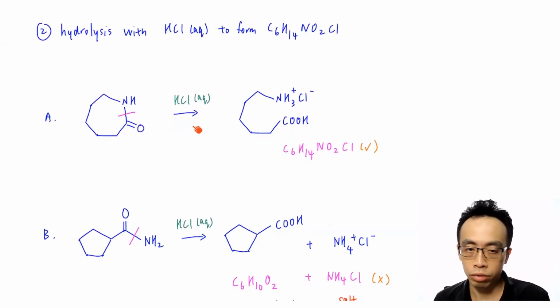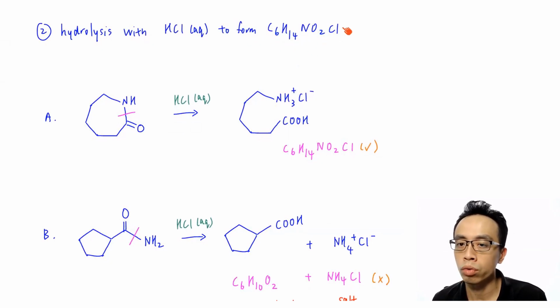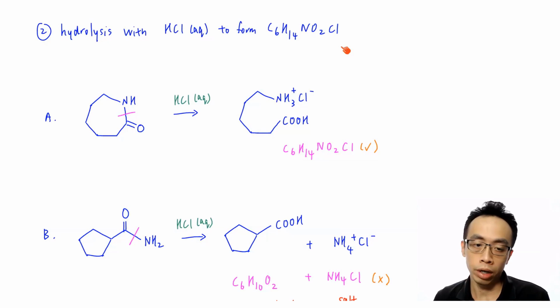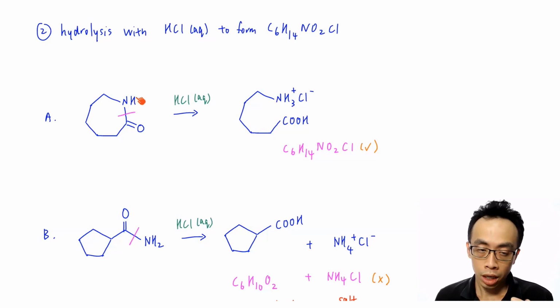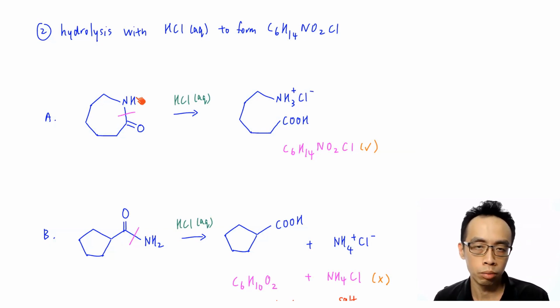Now for the second reaction, hydrolysis with HCl to form C6H14NO2Cl. Hydrolysis involving our amide is fairly simple. I just need to break the amide bond and convert the C double bond O to an acid group. Now the amine part: when it's hydrolyzed, by right it should form an amine functional group, NH2. But because of the acidic medium, it will be converted to the ammonium ion, NH3+.